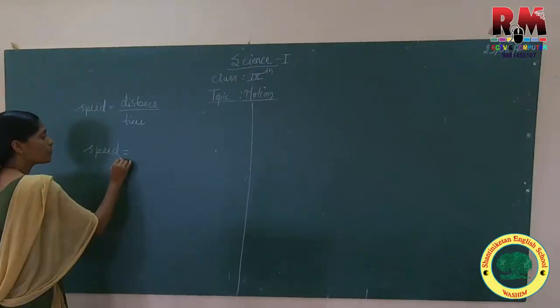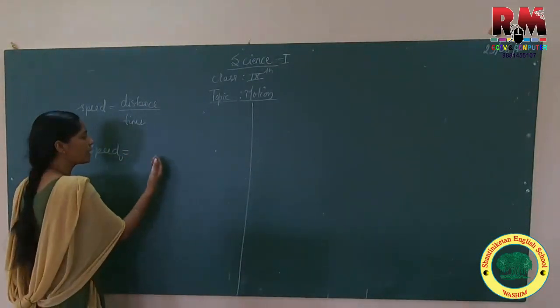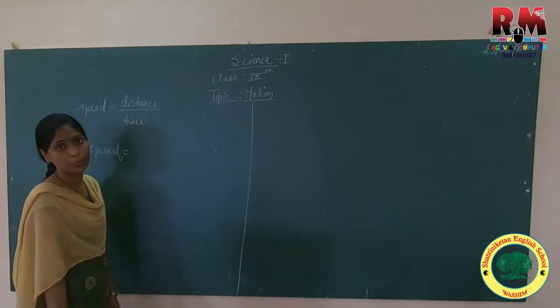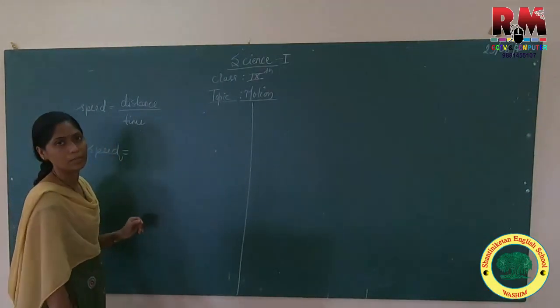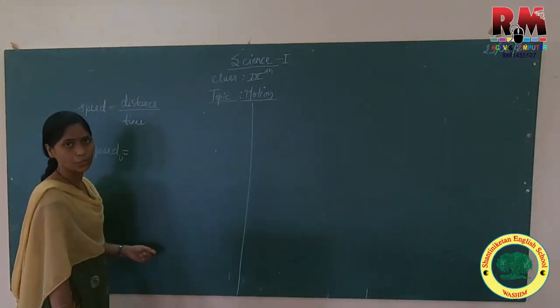If the motion is uniform, it's very simple: directly you can take any one value and divide by the time given. In the previous class we have seen one example for that.